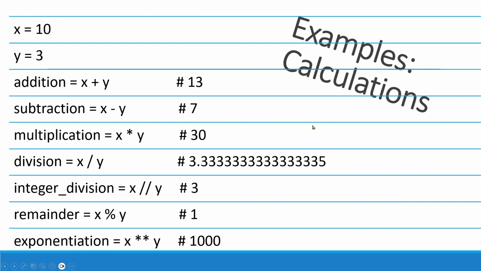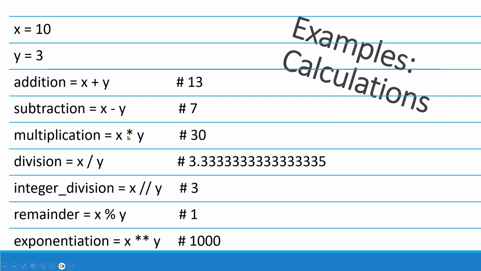Let's look at some examples. If I have x equals 10 and y equals 3, and I want to add them, it'll be x plus y, and replacing those with the numbers, it will be 10 plus 3, and the result will be 13. Subtraction will be x minus y, which is 10 minus 3, and the result will be 7.